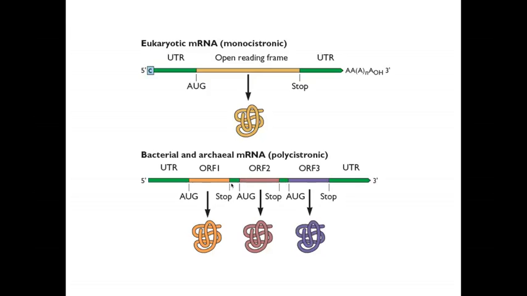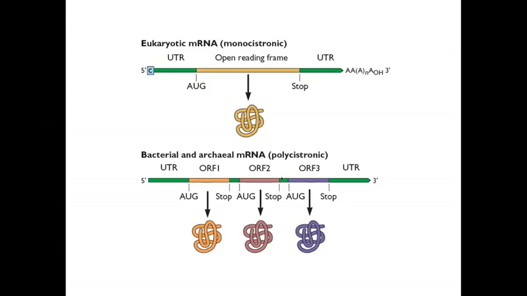People make dicistronic mRNAs all the time for production of two proteins in eukaryotic cells. But there are no naturally occurring ones as far as we can tell. There are no naturally occurring eukaryotic polycistronic mRNAs where the IRES is separating the open reading frames. I don't know why. We don't know.